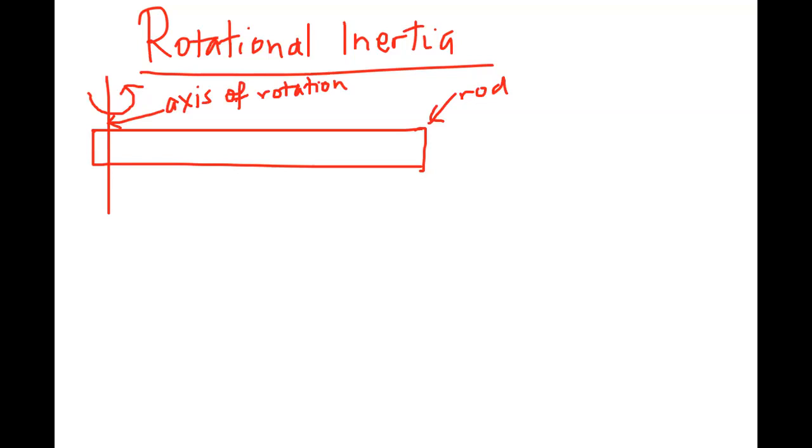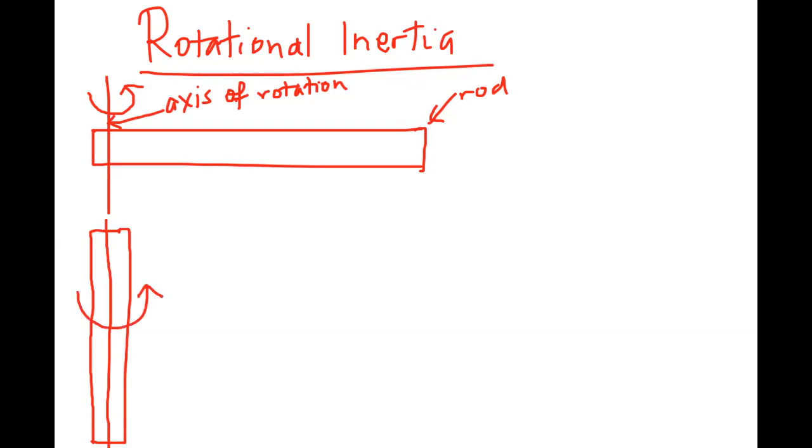You can also have a situation whereby you have the rod in this direction, downward, and then you spin it through this axis. You do the same spinning like this.